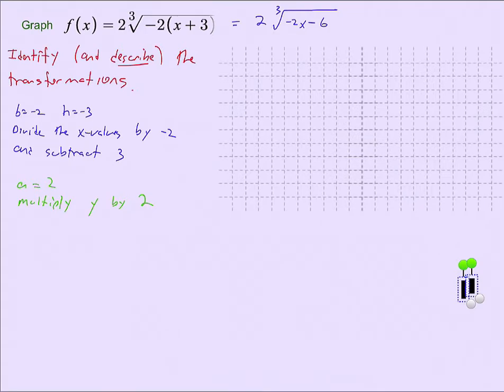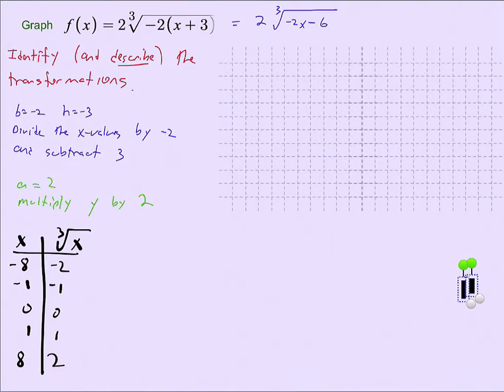So I'm going to take the parent function, x and the cube root of x. So remember, I will use our -8, -2, -1, -1, 0, 0, 1, 1, and 8, 2. That's our parent table. You kind of just have to memorize that one. It's not that hard.